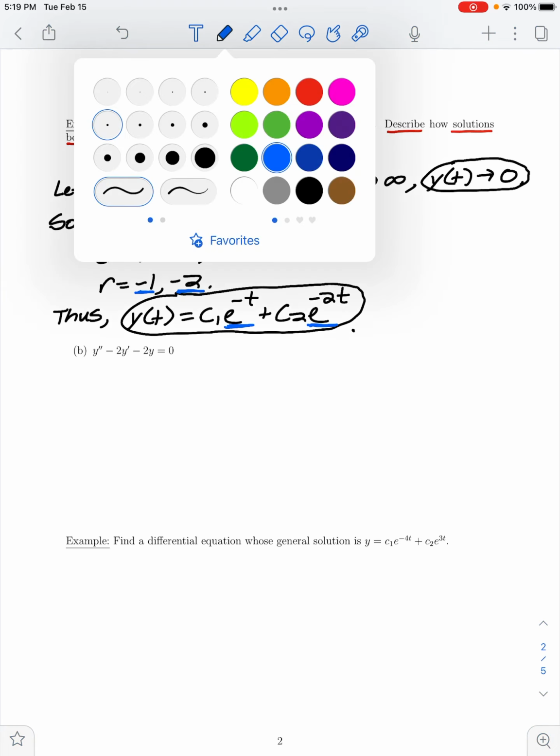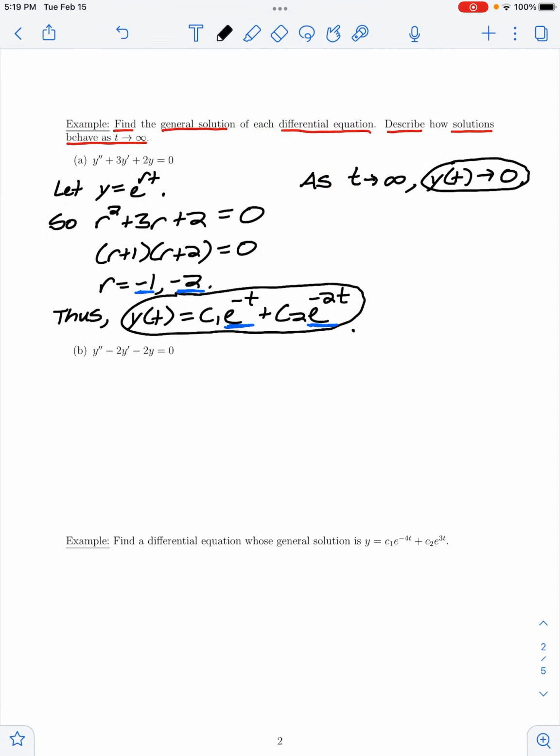In part B, we have the differential equation y double prime minus 2y prime minus 2y is 0. So again, it is second order, linear, homogeneous, with constant coefficients. And my technique for solving this type of equation is to look for solutions of exponential form.